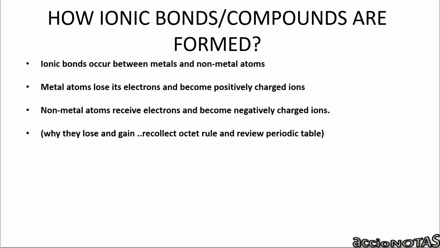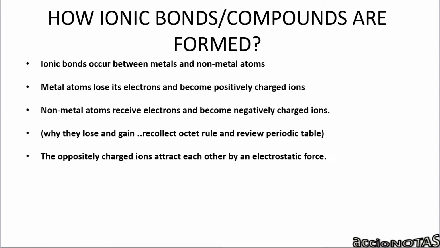Now, why do they lose and receive or gain? Try to recollect the octet rule. Now, moving on. Then they become oppositely charged ions that attract each other by an electrostatic force. This electrostatic force is known as ionic bond, and thus ionic compound is formed.